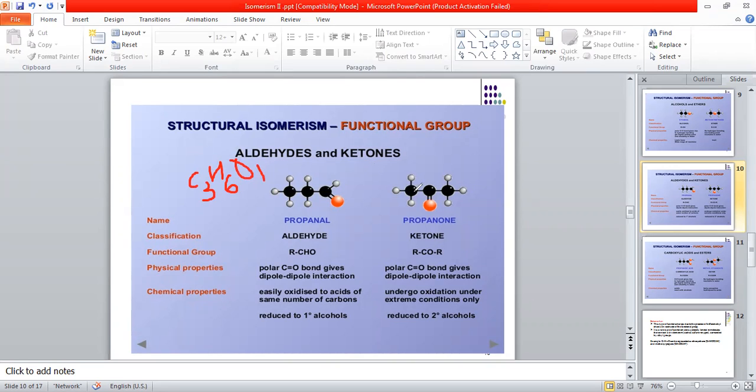And this one again, carbon number is 3, hydrogen is 6, and oxygen is 1. On one side there is an aldehyde group present, and on the other side there is a ketone group present. So the difference is found in their functional group only. That's why this one is called functional isomerism.